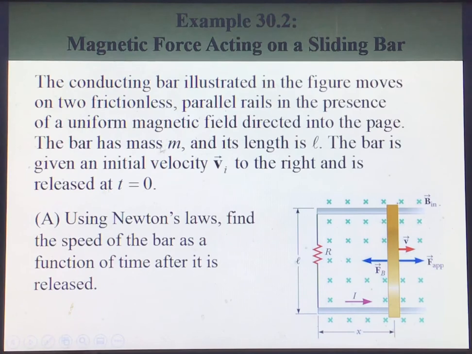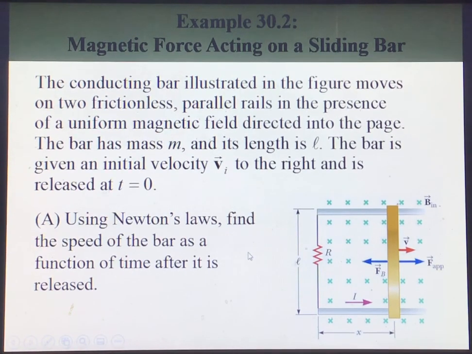It tells us that the bar has a mass of m, its length is L, and the bar is given some initial velocity vi to the right, and is released at t equals 0. Using Newton's law, find the speed of the bar as a function of time after it is released.